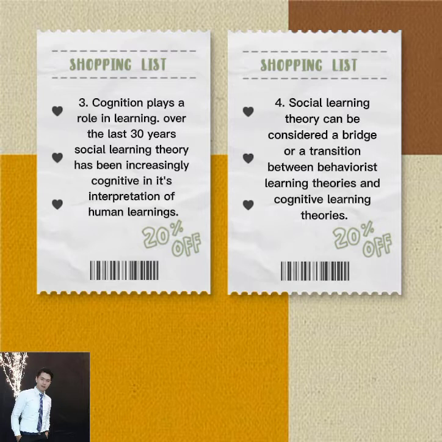So we look at it as the mental processes relating to the input and storage of information. And that information is then used to guide humans' behavior. Social learning theory can be considered a bridge of transition between the behaviorist learning theories and cognitive learning theories, because it encompasses attention, memory, and motivation. Because this also emphasizes the importance of social learning.